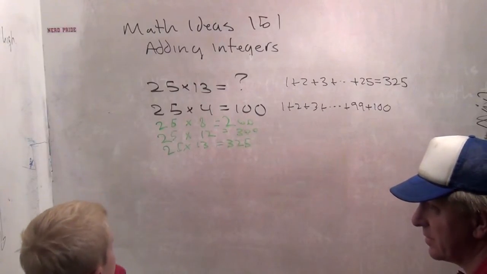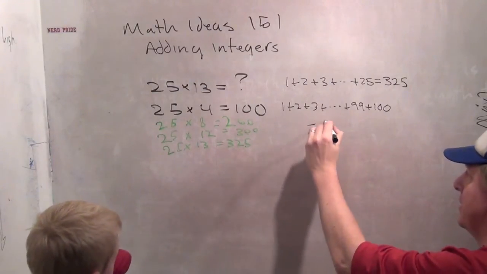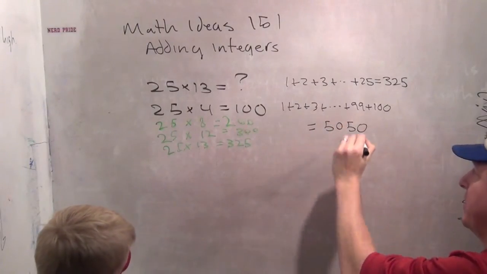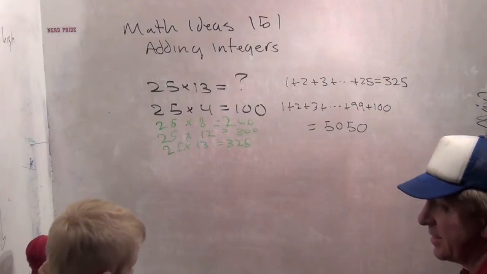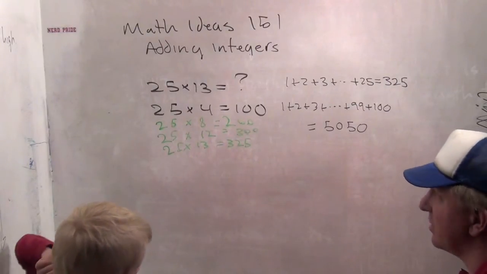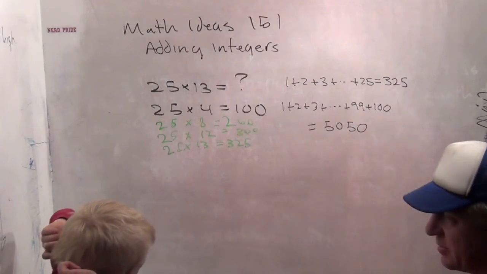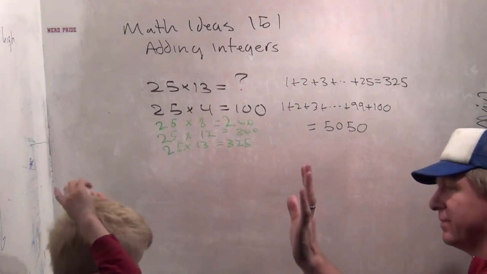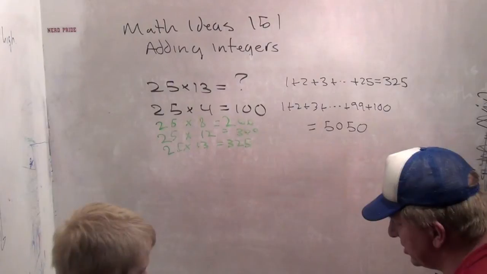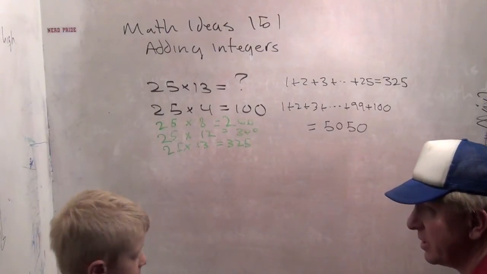You know what that equals? 5,050. So you don't even have to add them up. You just write them backwards, add them, and then multiply. It's pretty cool. Okay. Good job. That's a pretty neat trick, isn't it?